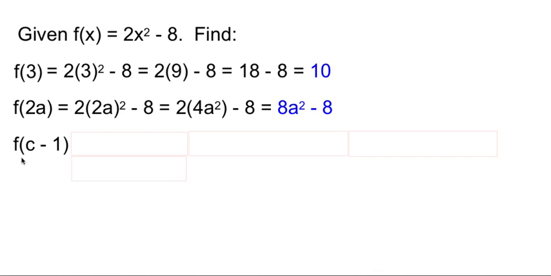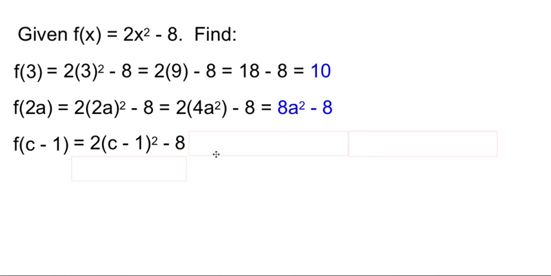So now we have one more problem, the function evaluated at c minus 1. Well, this means, hopefully you've picked up on this, that x is equal to c minus 1. So I'm going to put c minus 1 in place of x. 2 times c minus 1 squared minus 8. Now here's another point where people tend to make a mistake. They see this c minus 1 squared and they think it becomes c squared plus 1 because they square both of them.